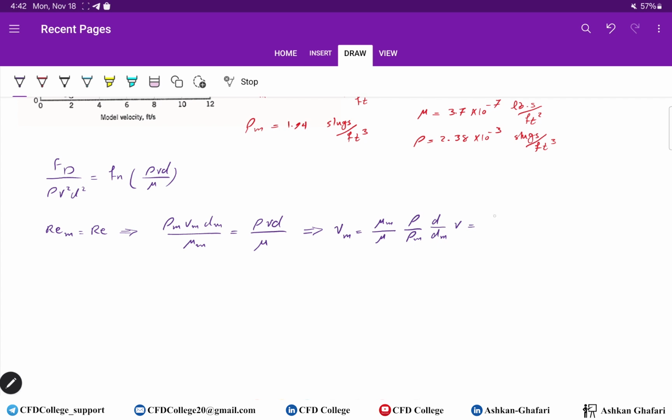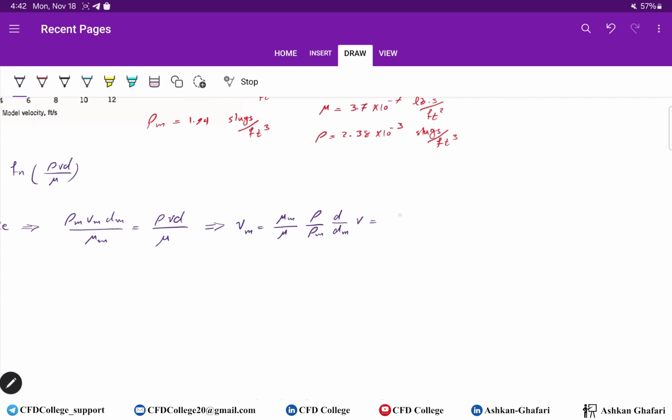So mu m is 2.3 10 to minus 5. Let me not write the units because they are the same. 3.7 10 to minus 7. The ratio of densities 2.38 10 to minus 3 and 1.94. 8 feet over 4 inches.